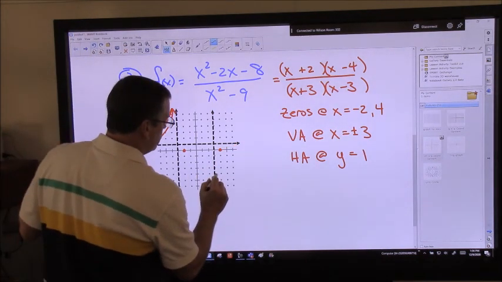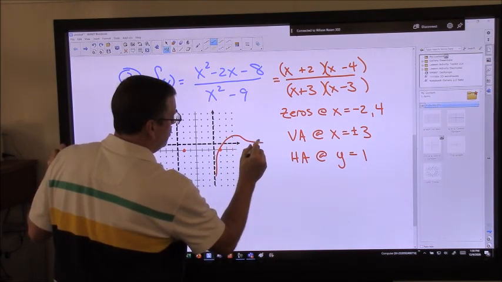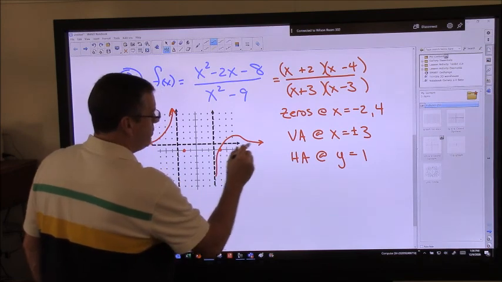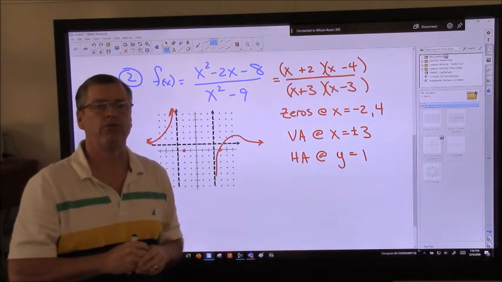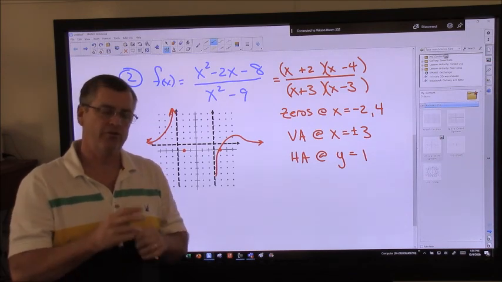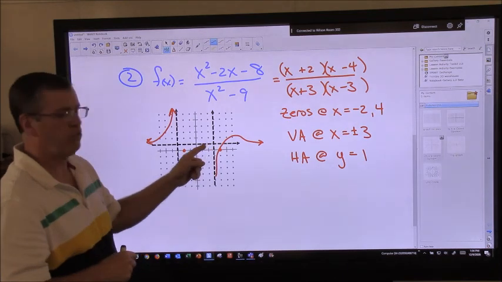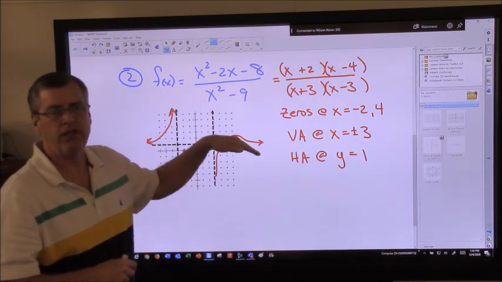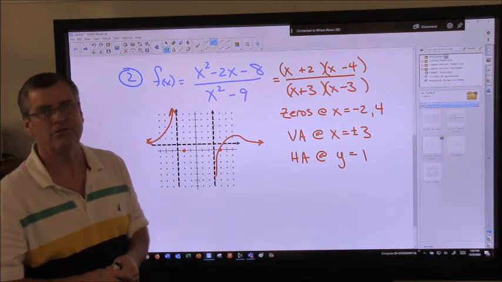I've seen equations go through like this and then come back down and get close to this horizontal asymptote without touching. We have no way of knowing that without doing some calculus, okay? So if you ever check a graph on your calculator and you go, oh, that's weird, it looks like it went above the asymptote and then got close, well, we just didn't know.